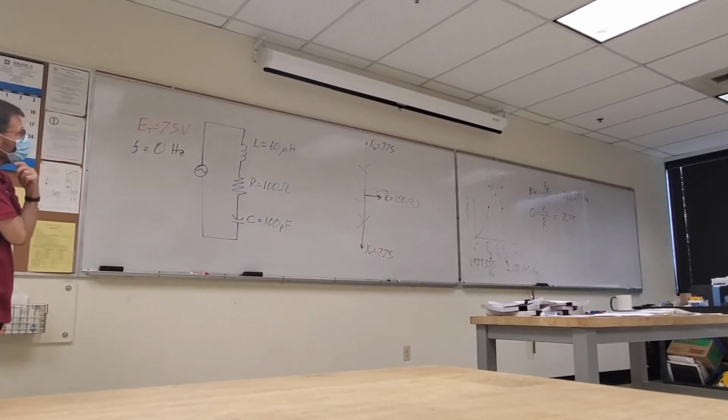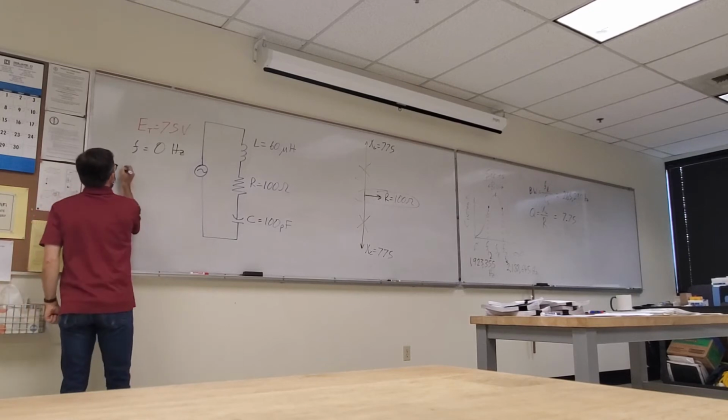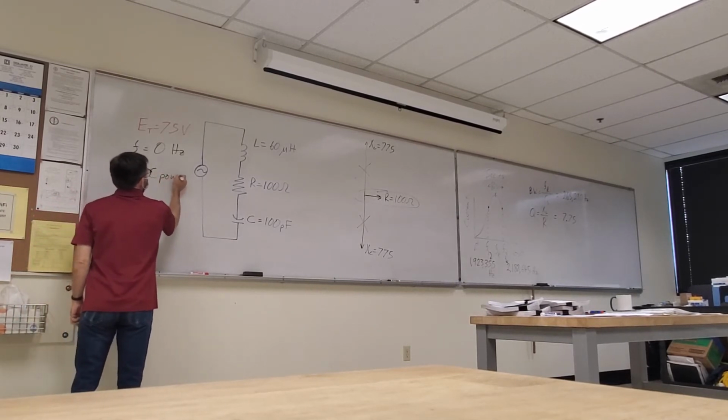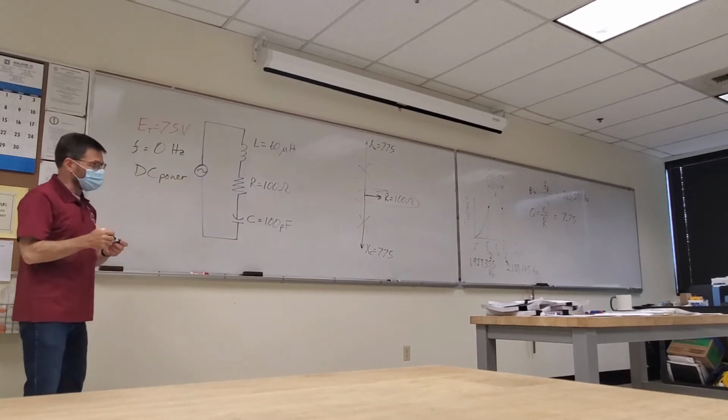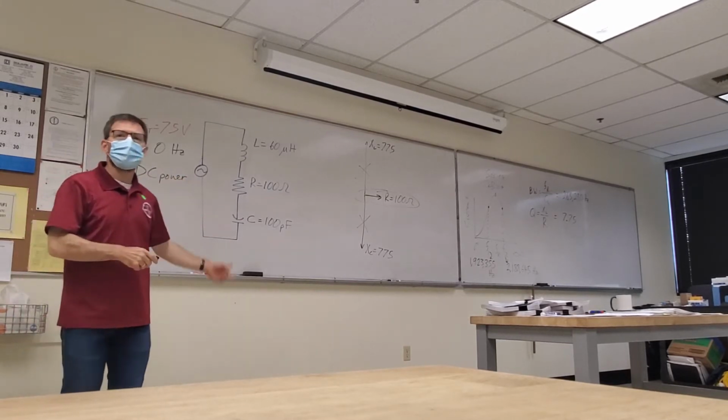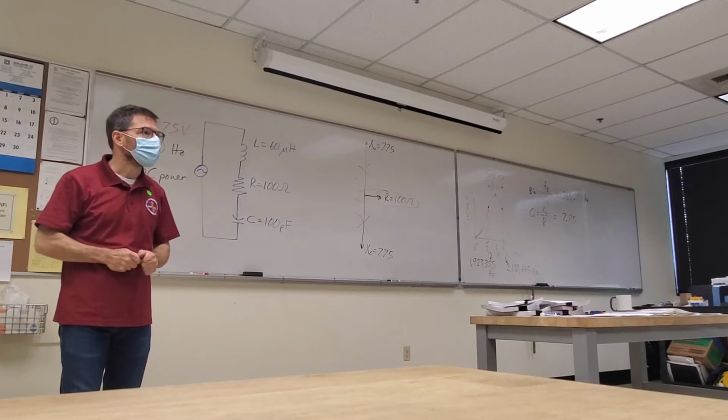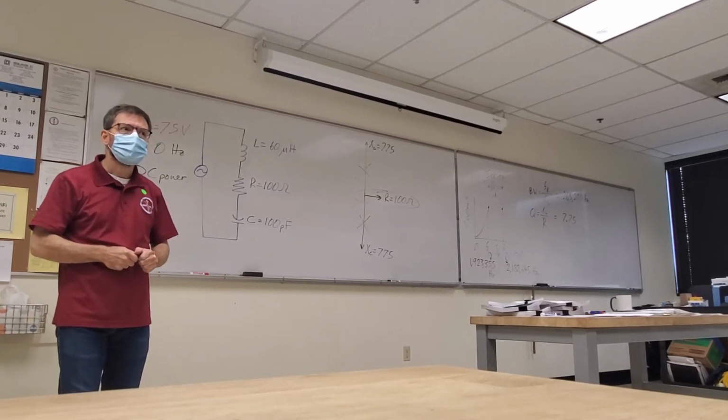Just want to ask you, what do you think happens to current flow in this circuit at 0 hertz? Effectively, DC power. DC current flow. I put a battery in there. What happens to, how much current flow do I get? 0.